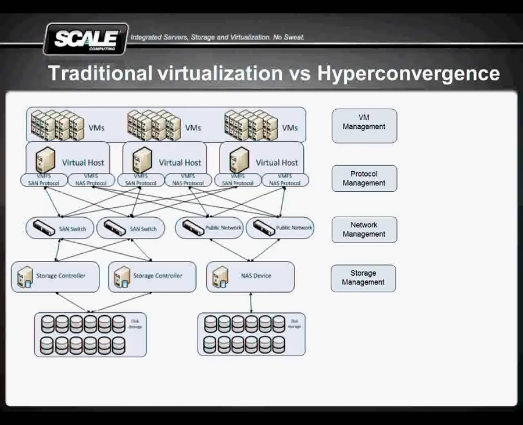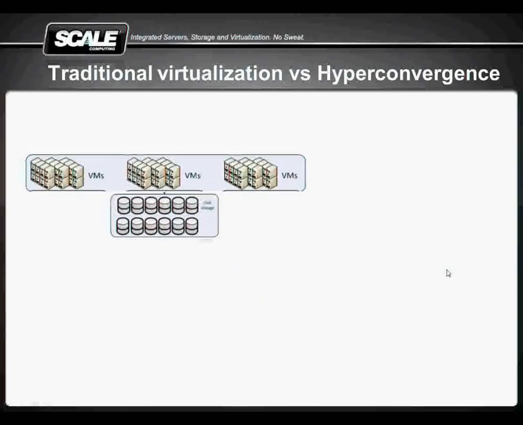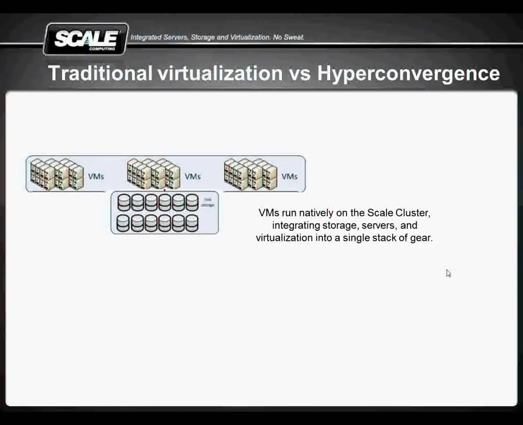What Scale Computing's done that's absolutely unique in the space is gotten rid of all of the unnecessary moving parts. Literally collapsing the stack, getting rid of everything that doesn't need to be there, while maintaining all of the benefits of dedicated servers without their cost or complexity, without their dedicated support.